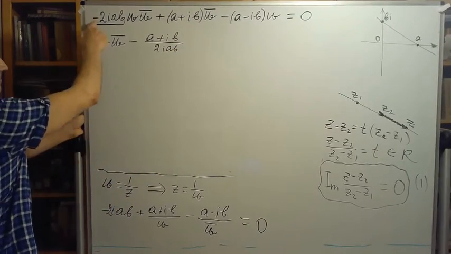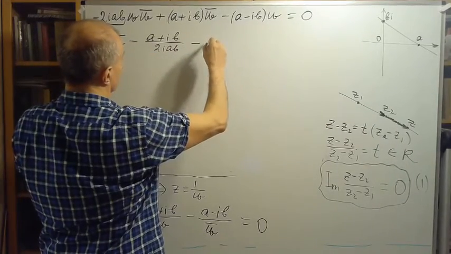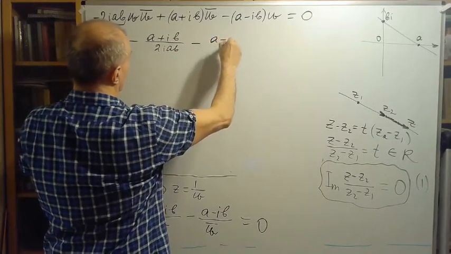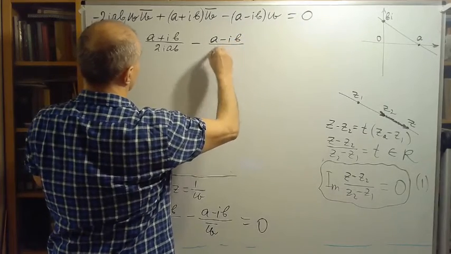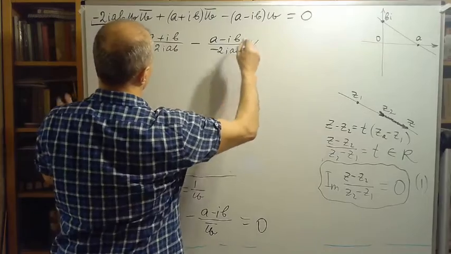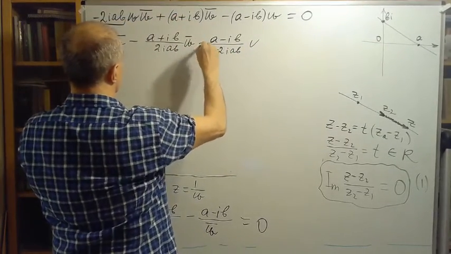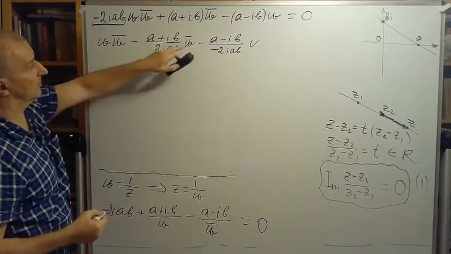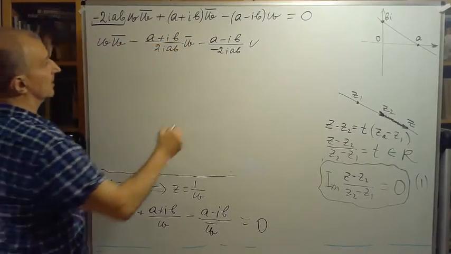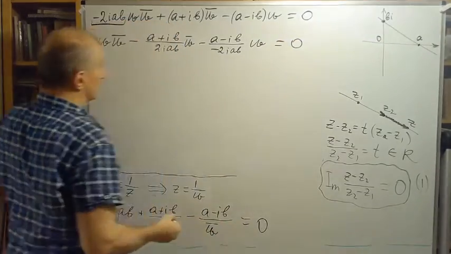Yes, this minus, by which I divided, I brought here, minus a minus ib divided by negative 2iab, and this I forgot, of course, W conjugate here, and W here equals to 0.